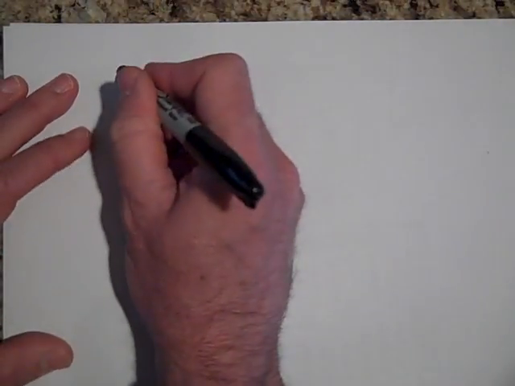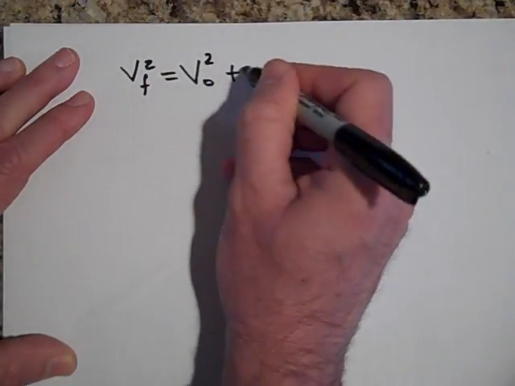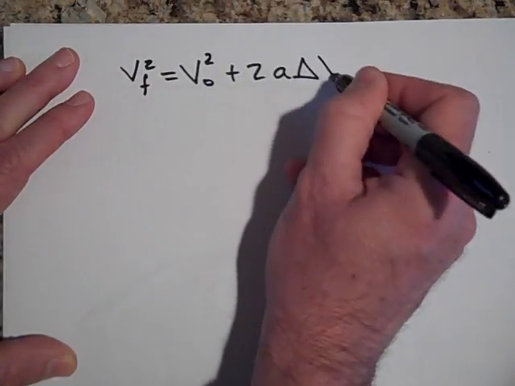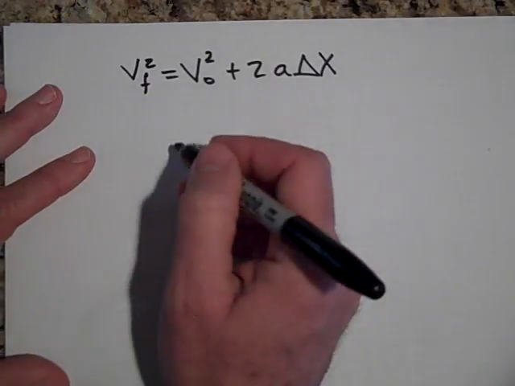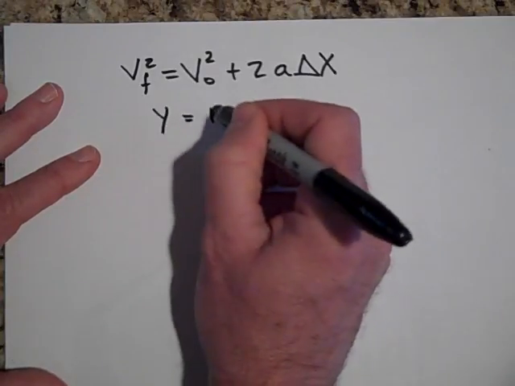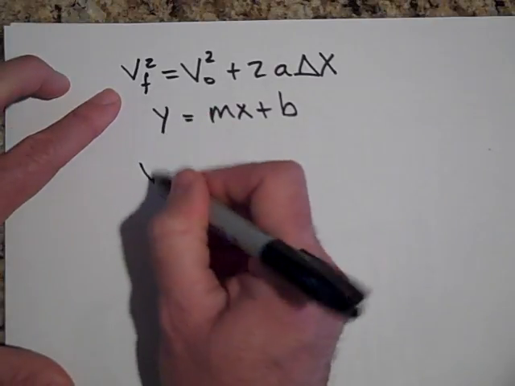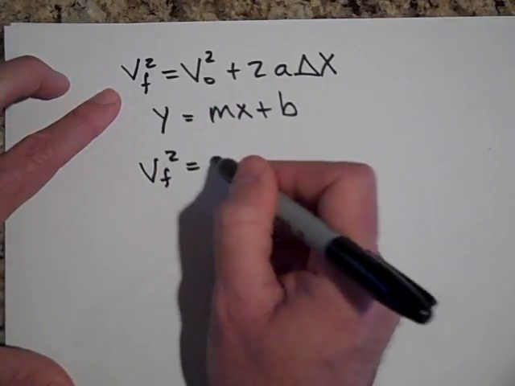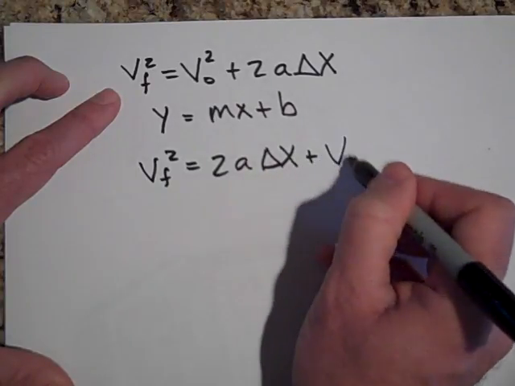So let's say that instead they make use of this equation, v final squared equals v initial squared plus 2a delta x, for something with constant acceleration. Okay, well, let me rearrange this in terms of y equals mx plus b. So that would be v final squared equals 2a delta x plus v0 squared.